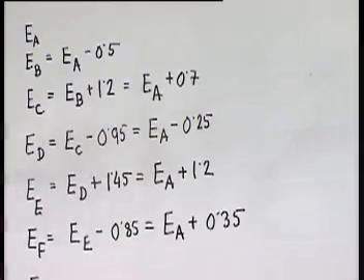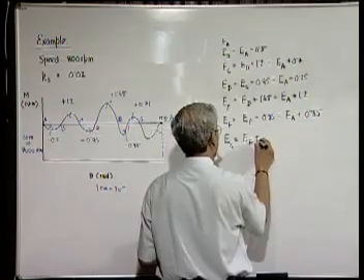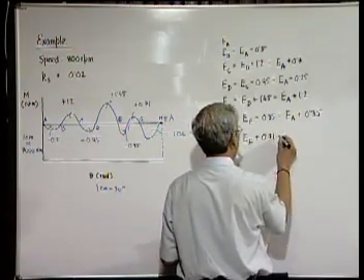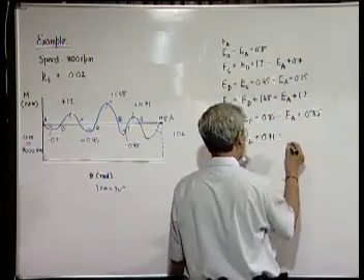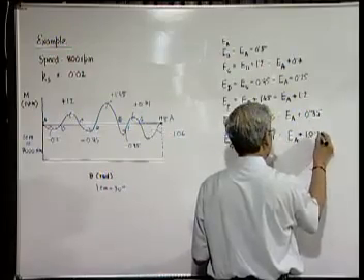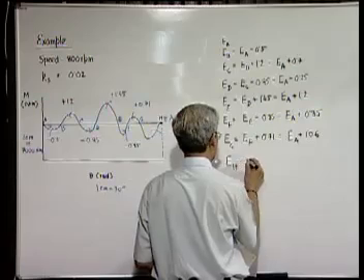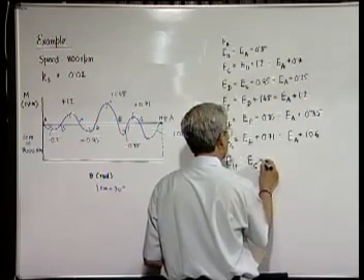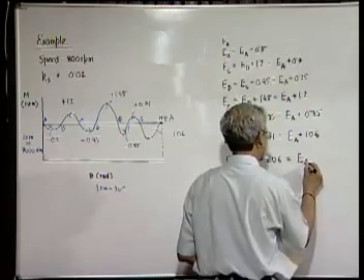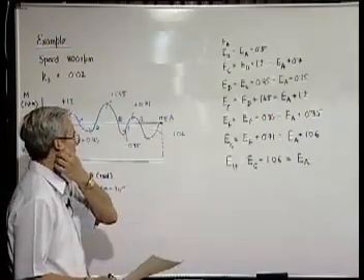And E at G is E at F plus 0.71, which is equal to E at A plus 1.06, and E at H is equal to E at G minus 1.06. So we come back to a point at point H, the energy should be equal to EA.